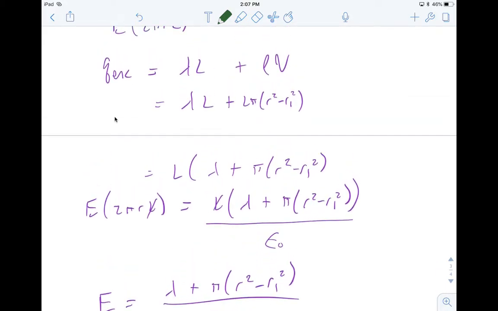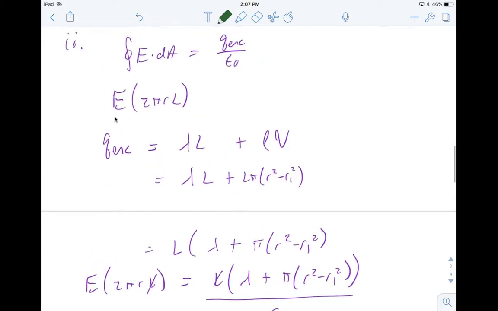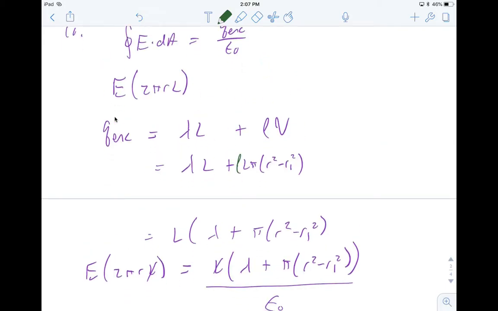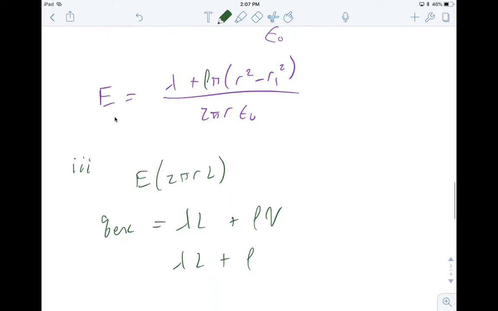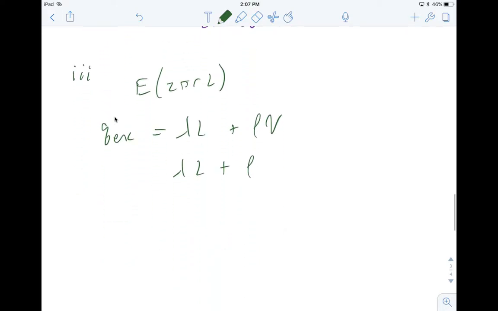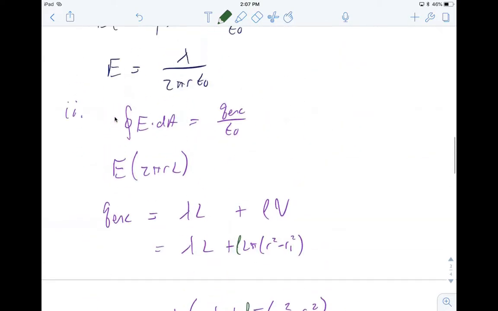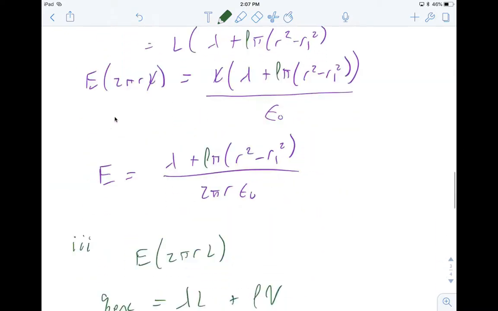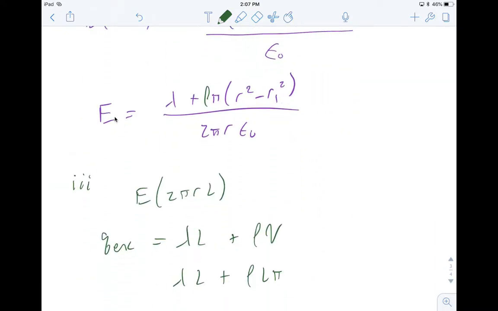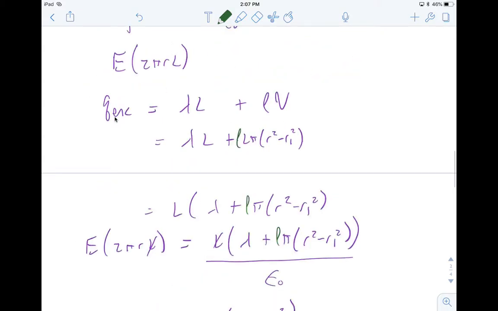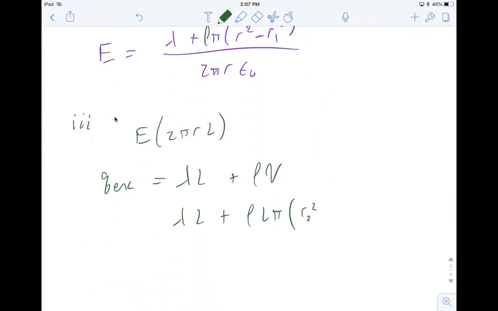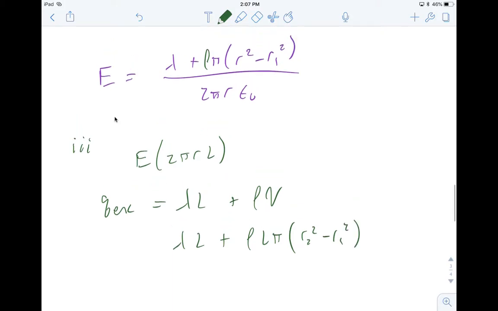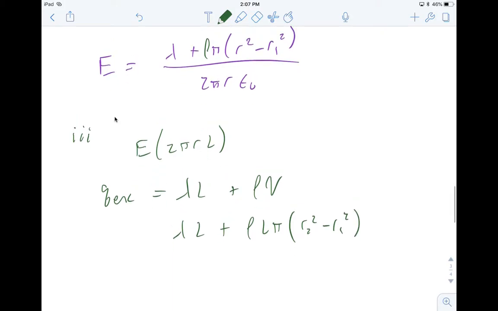I forgot my rho up here. Right, I just had the volume. So rho is attached to all of these. So rho times that volume, it's going to be rho L pi times, instead of R squared, we're going to have R2 squared minus R1 squared. And that should be it.